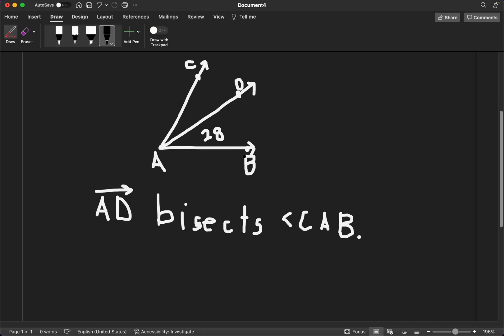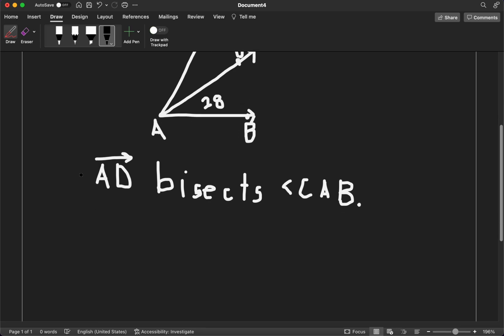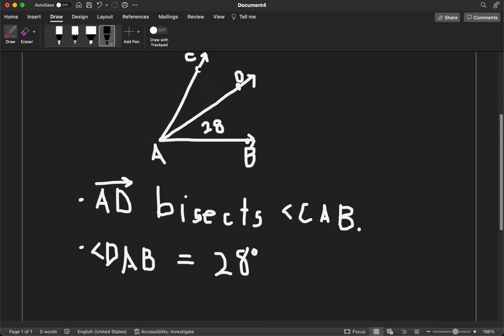Angle DAB equals 28 degrees. Then I also know that angle CAD equals 28 degrees.